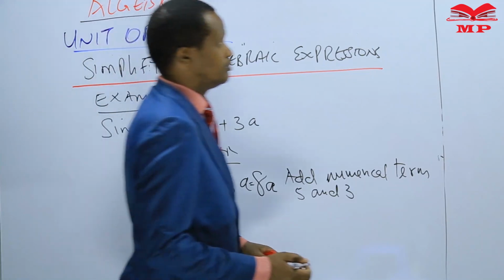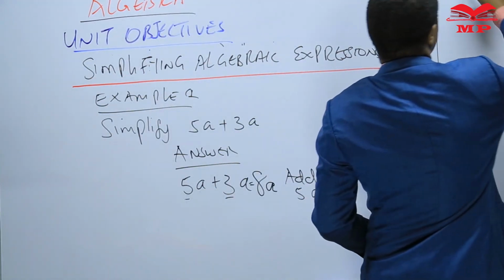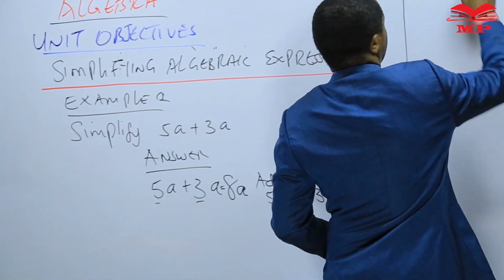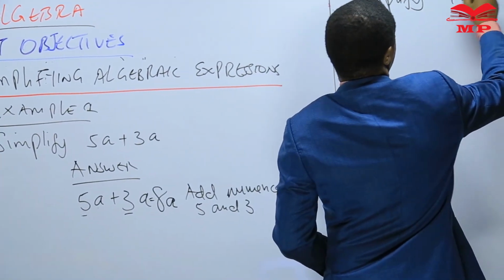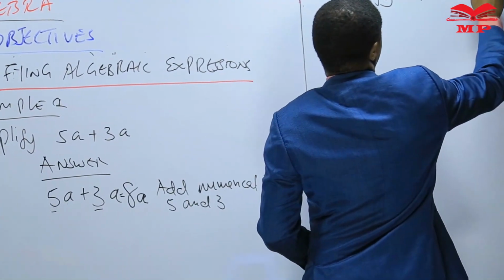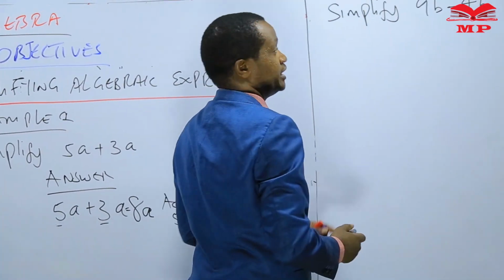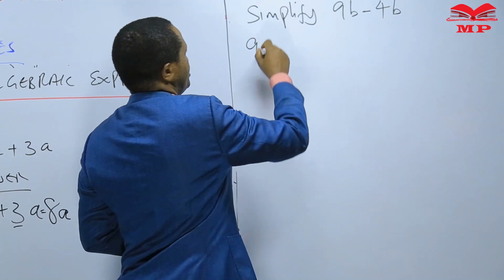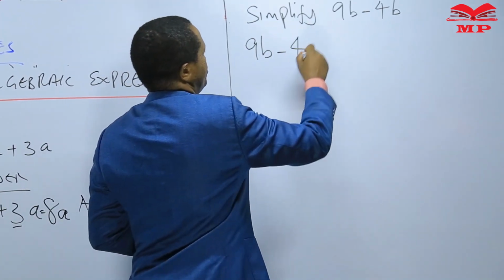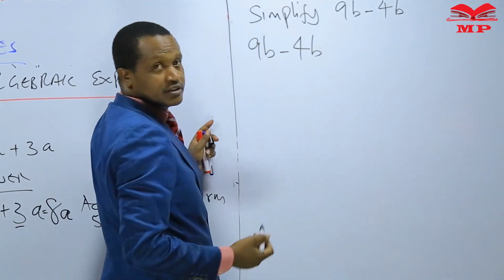Let's do another example. Simplify 9b minus 4b. So 9b minus 4b, these are like terms.